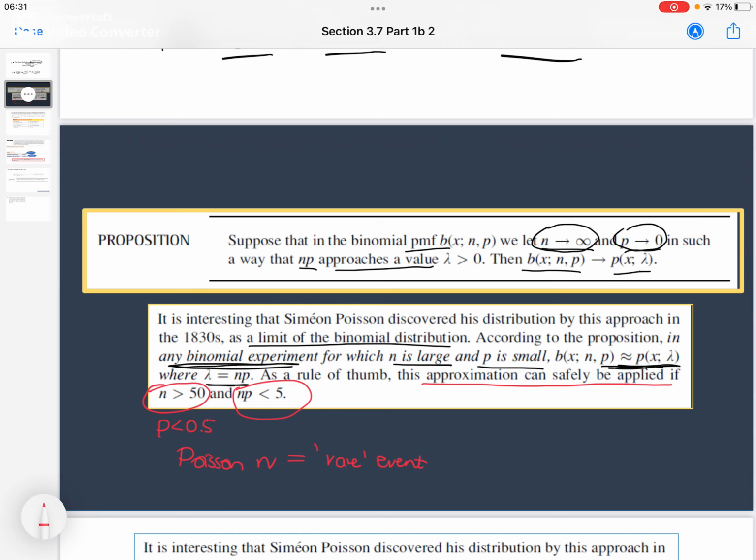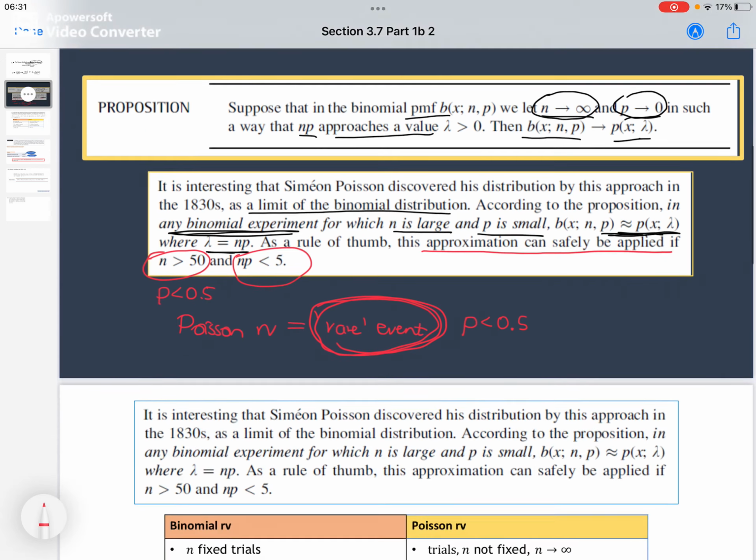So the probability of a success, in a way, of this rare event, does make sense that it would be some small value. It does make sense that we would have this criteria, that the probability of observing those successes for a given time period would be a small probability, or p would be less than 0.5. All right, so this criteria of n greater than 50 and p less than 0.5 does make sense in the context of a Poisson distribution.